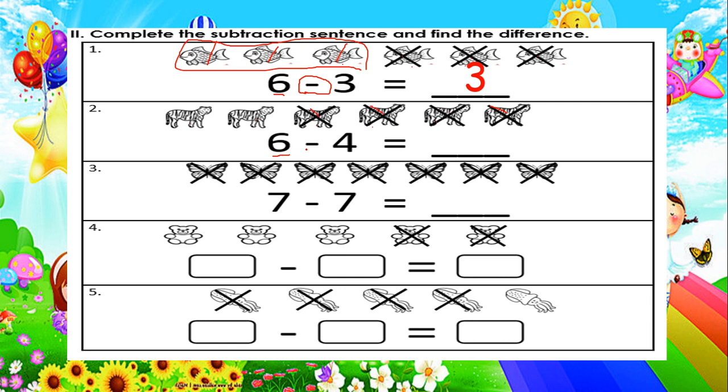Okay. So 6 minus 4 equals what? How many tigers are left? So you have 1, 2. So 6 minus 4 equals 2. So that's why you have number 2 here as your answer.